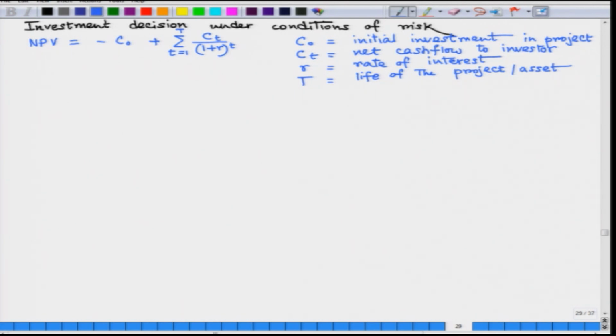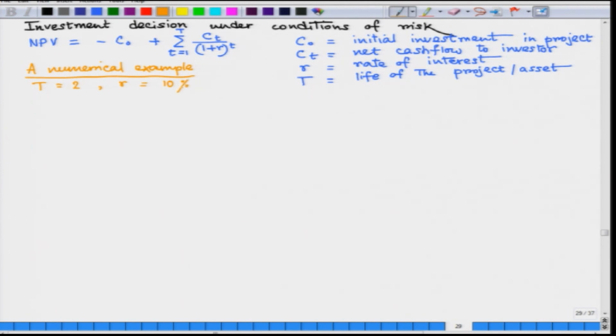Now, as we are going to basically talk about a numerical example, let us assume that we are going to work with 2 time periods to have a simplified analysis, and the value of the rate of interest would be 10%.